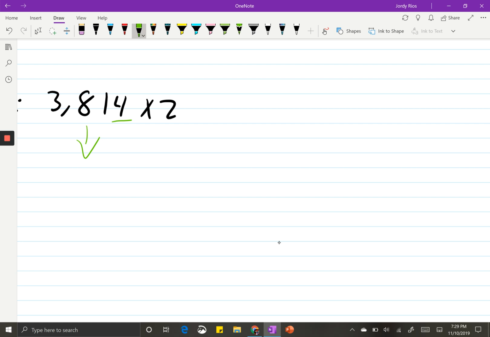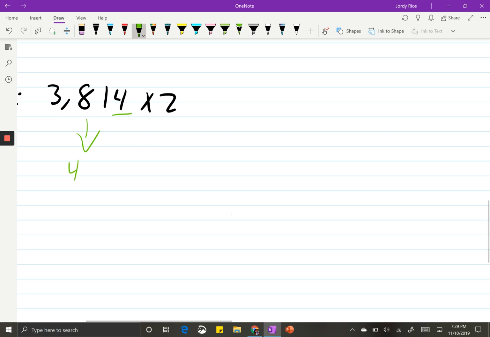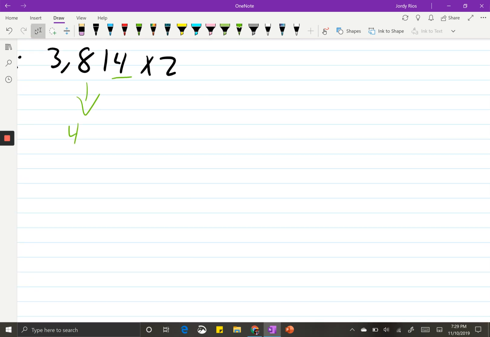My 4 is in the place value of ones, so my value is 4. My 1 is in the place value of tens, so my value is 10. My 8 is in the place value of hundreds, so my value is 800. And my 3 is in the place value of thousands, so my value is going to be 3,000.